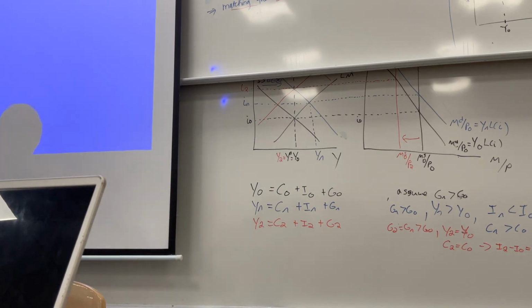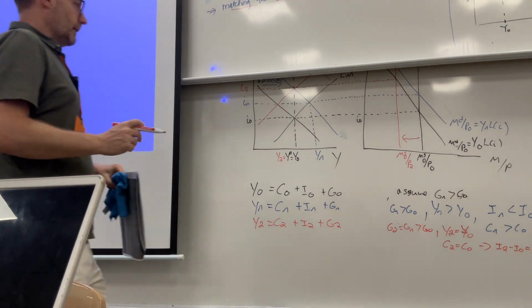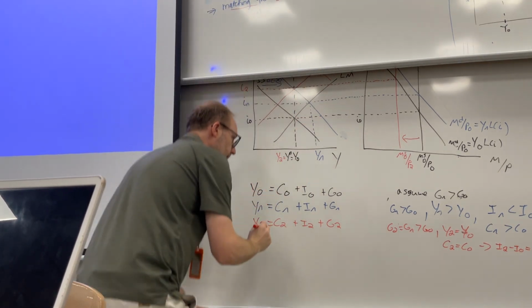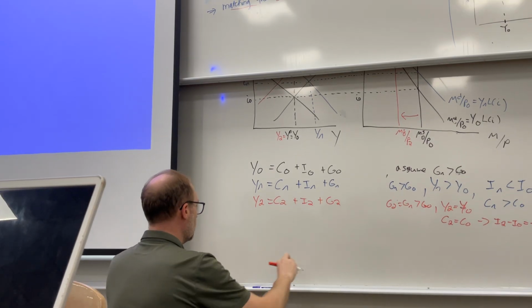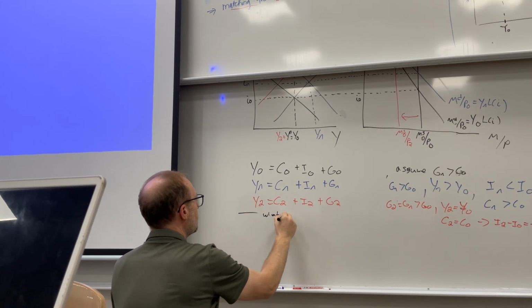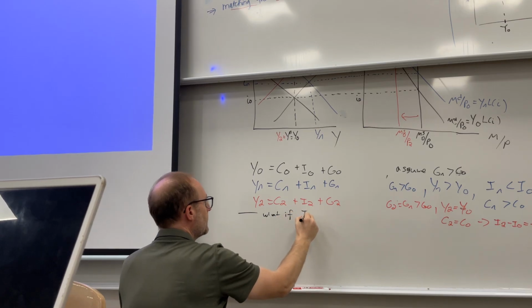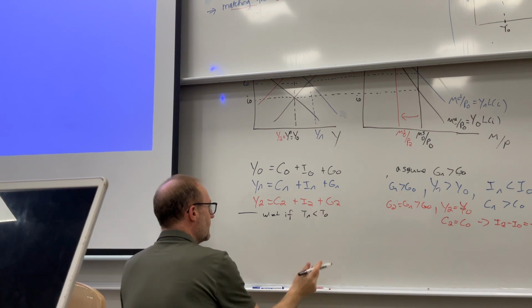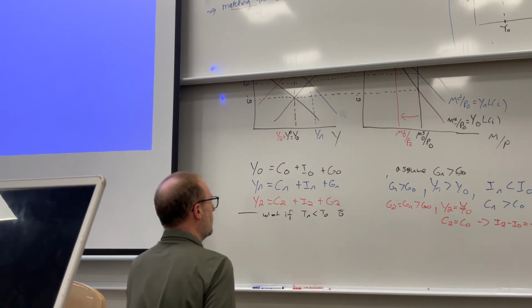All right, and now I want to think a little bit harder, because you made me think harder. Let's think about what happens if it was a tax cut. So what if T1 is less than T0 and G constant?